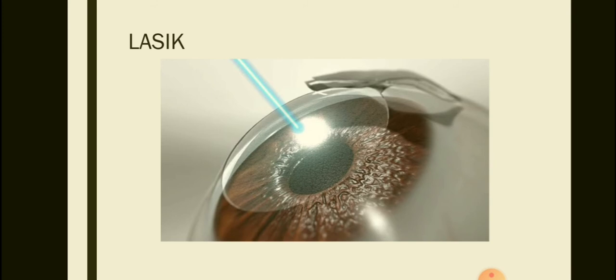In hypermetropic cases, laser is used in the peripheral cornea, and it is seen that in the periphery there is less corneal curvature, but in the center there is more corneal curvature. So this is how hypermetropia is corrected.